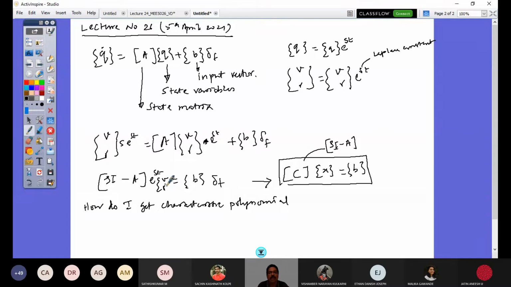So this is your X, and this is B. In this form it could be represented.